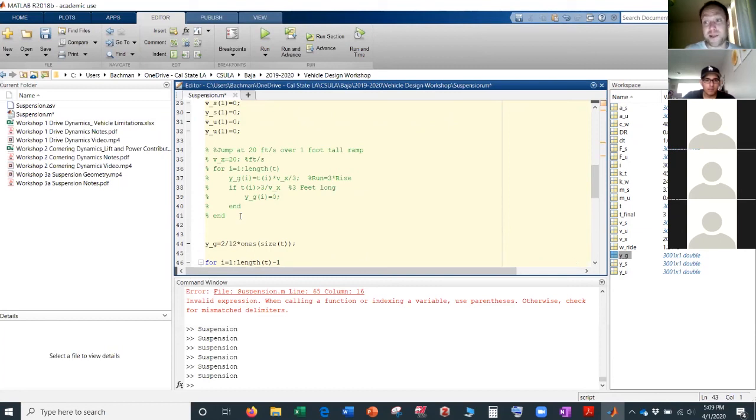This was a bump, so I had to go up a little bit. So this was hitting a straight bump. This is like the simplest case.